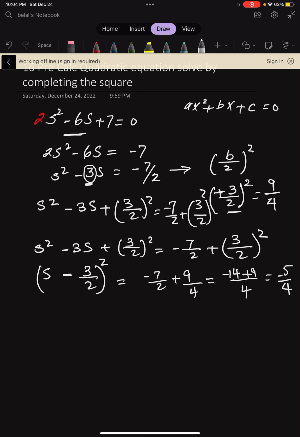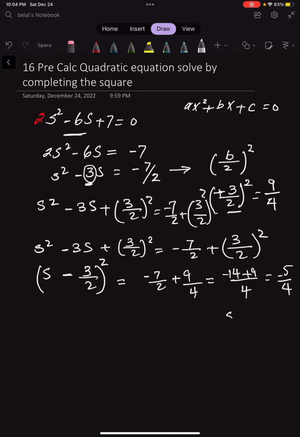All right, now let's confirm our factor is correct. So we say it's s minus 3 over 2 times s minus 3 over 2. That's the factor we have. So s times s, that's s squared. Then s times minus 3 over 2, so this is minus 3 over 2s. Then minus 3 over 2s. Then plus 9 over 4.